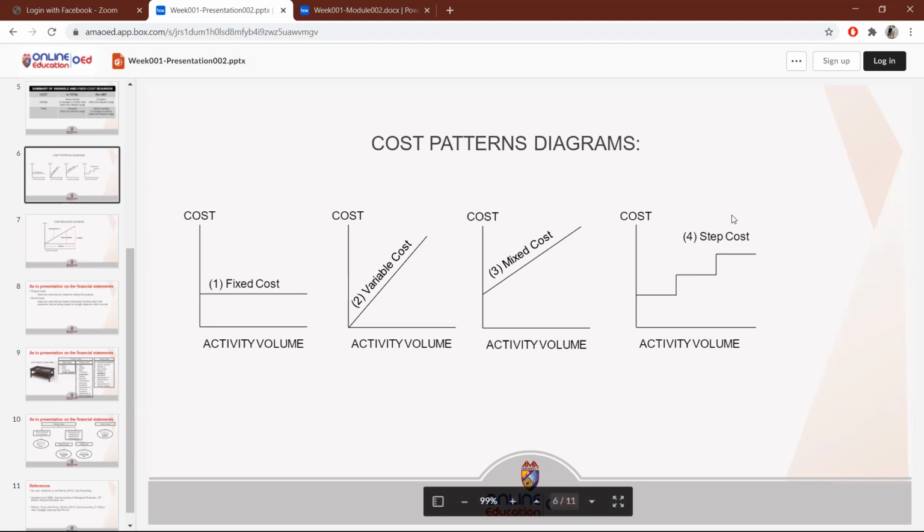So if you have difficulty in understanding the different costs, you can just refer to this. It's a graph, a pattern diagram.